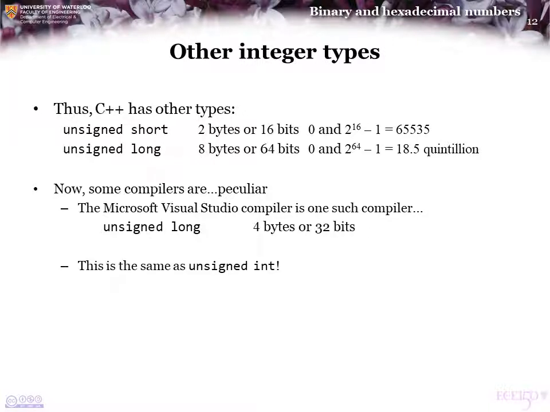That's the same as unsigned int, which is a little bit peculiar. If you want a 64-bit integer in Microsoft Visual Studio, you actually have to use the type unsigned long long, which is a little peculiar.